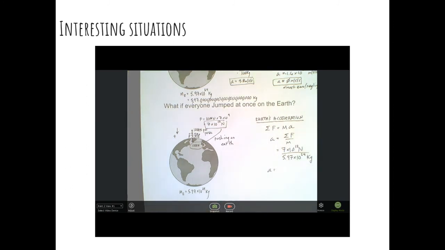So we look to our calculator and we punch in 7 times 10 to the 12 divided by 5.97 times 10 to the 24, sorry, not to the power. And we end up with 1.2 times 10 to the minus 12 meters per second squared, approximately 0 meters per second squared.